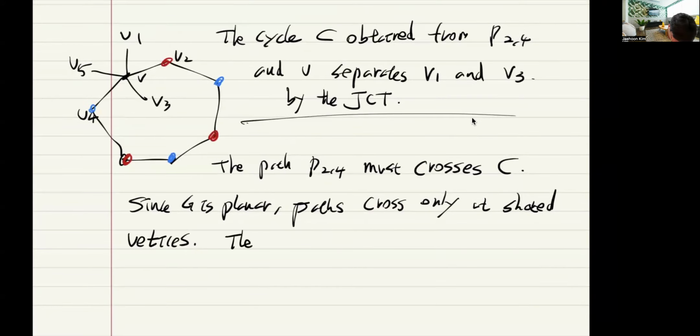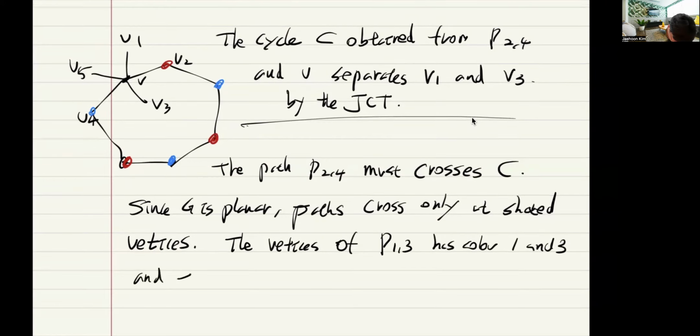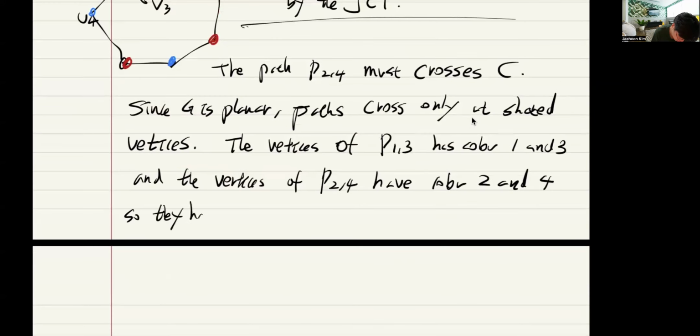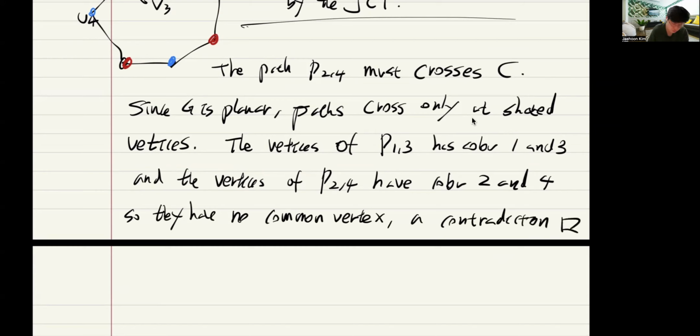But the vertices of P_13 have colors 1 and 3, and the vertices of P_24 have colors 2 and 4, so they have no common vertex. A contradiction. And this contradiction proves the theorem.